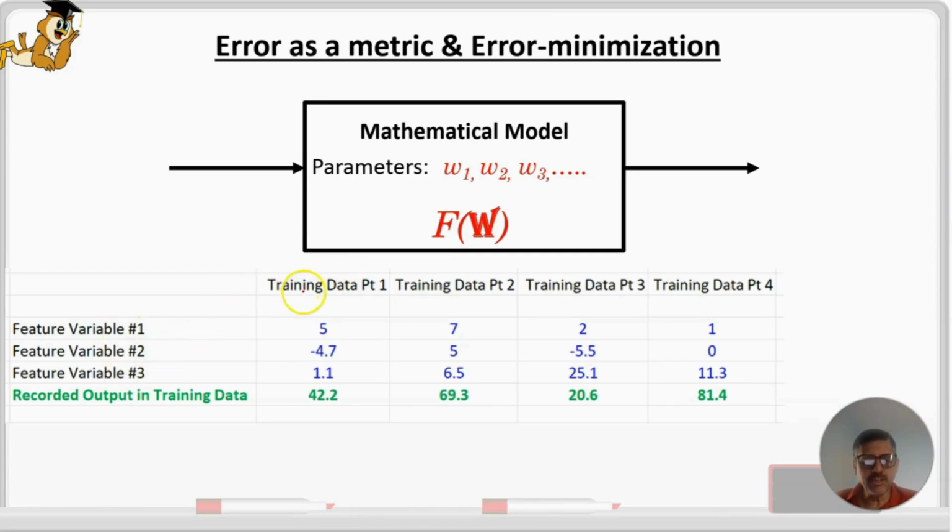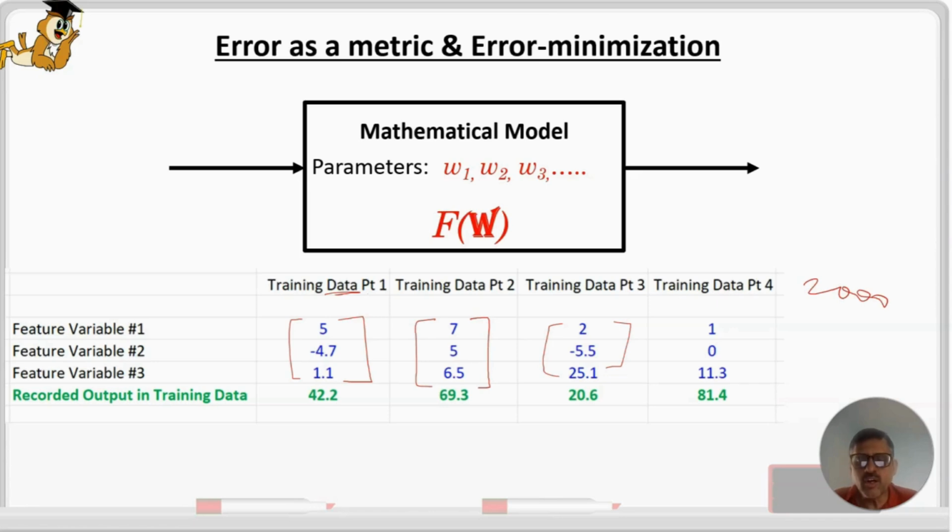For example, the first point in the training data had feature variable values 5, minus 4.7, 1.1, etc. This is the feature vector corresponding to training data point number 1. This is the feature vector for training data point number 2, this for number 3, and so on and so forth. Maybe let's say you have 2000 points, a big training set.